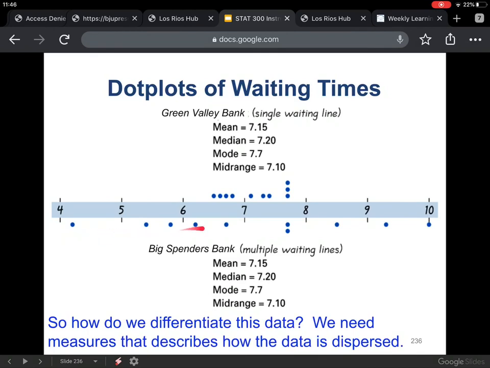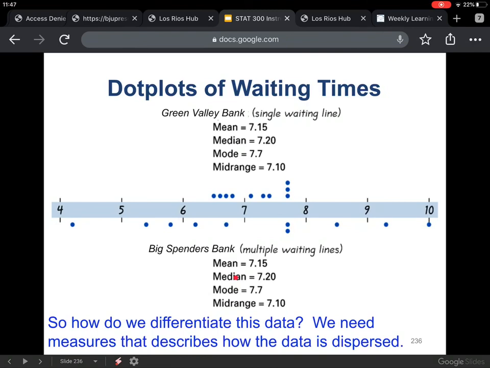Whereas Big Spenders Bank is all over the board, from really, really small values to 10 minutes waiting in line, right? And so even though the measures of the middle are exactly the same, there's a different measurement, a measurement of how they are dispersed, that is another calculation we need to look into.